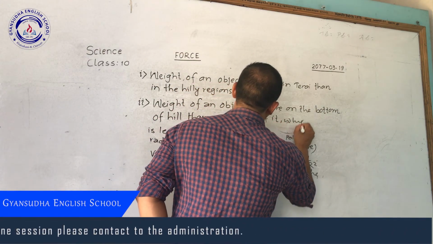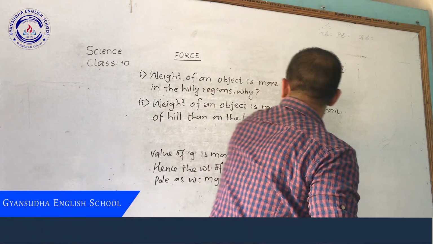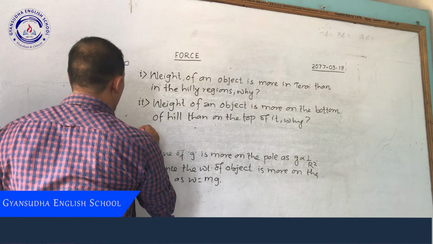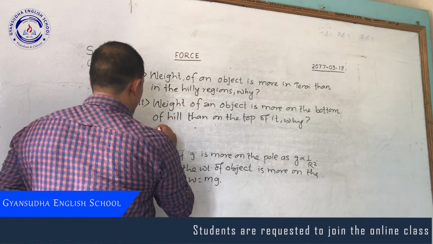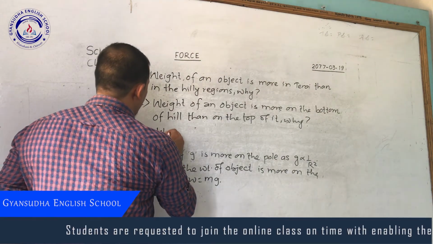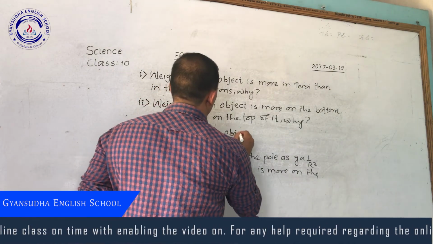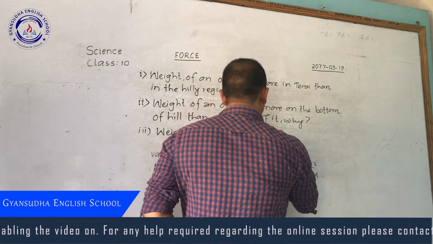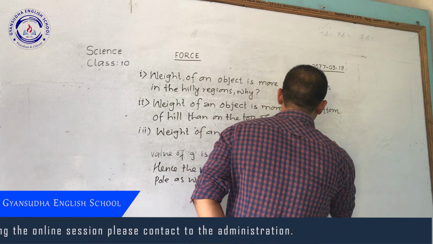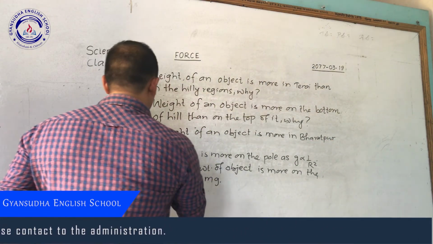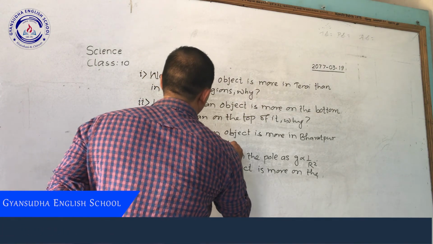Why? Number 3. Weight of an object is more in Bharatpur than in Kathmandu. Why?